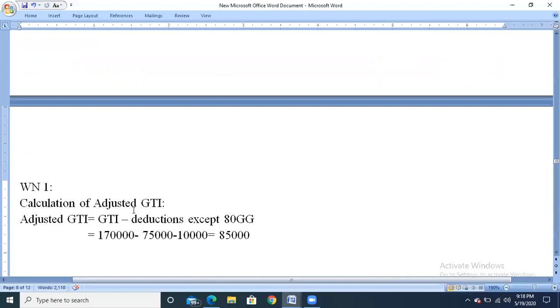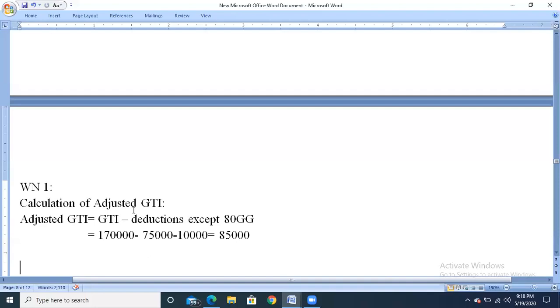Whenever you are calculating adjusted gross total income, it is calculated for two sections, one 80G and second 80GG. When you are calculating it for 80G, do not consider the deduction amount under section 80G, but the other deductions have to be considered. But when you are calculating it for 80GG, the deduction amount of 80GG should not be considered, but the remaining sections' amounts have to be considered.